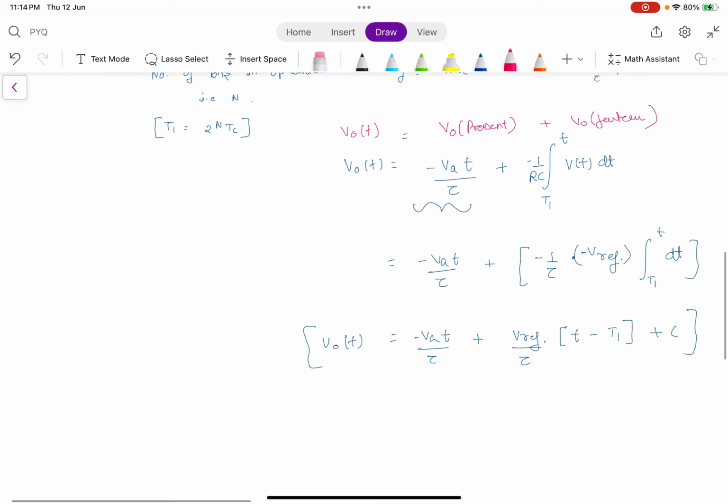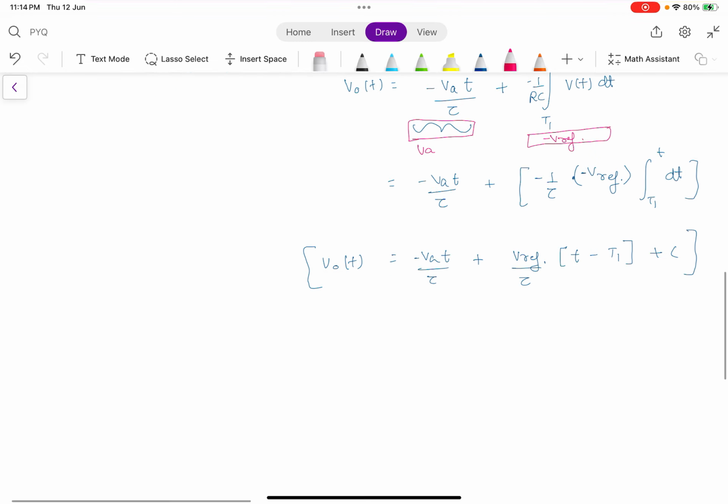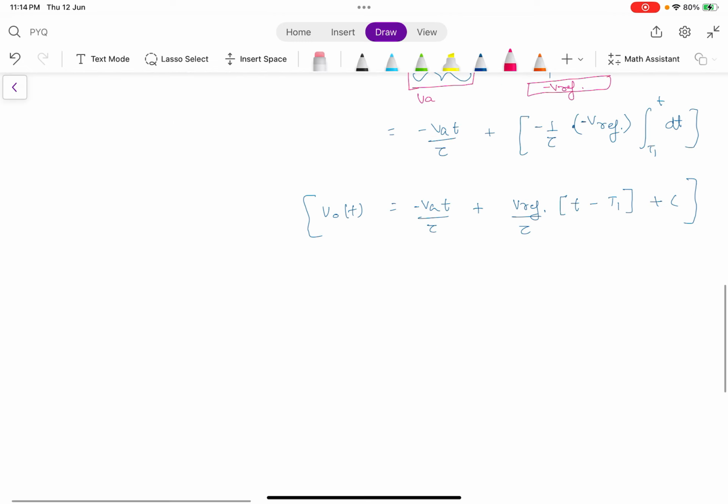So your present value is due to the applied voltage VA, and your future value is going to add up due to minus V reference. Now this is your complete expression.